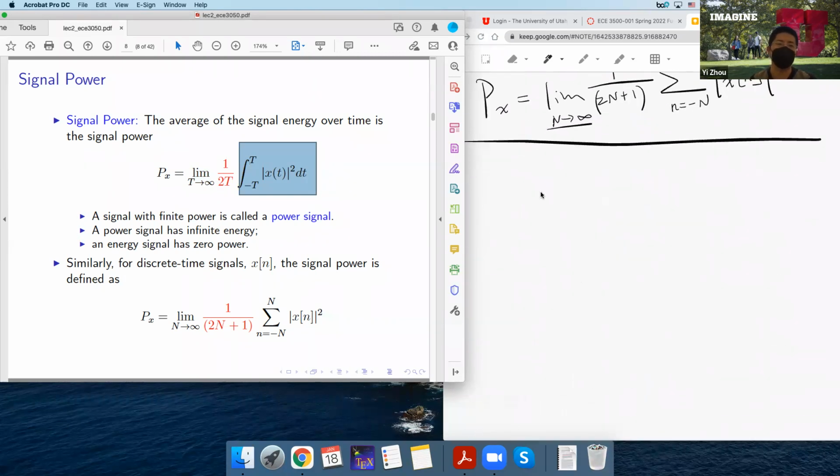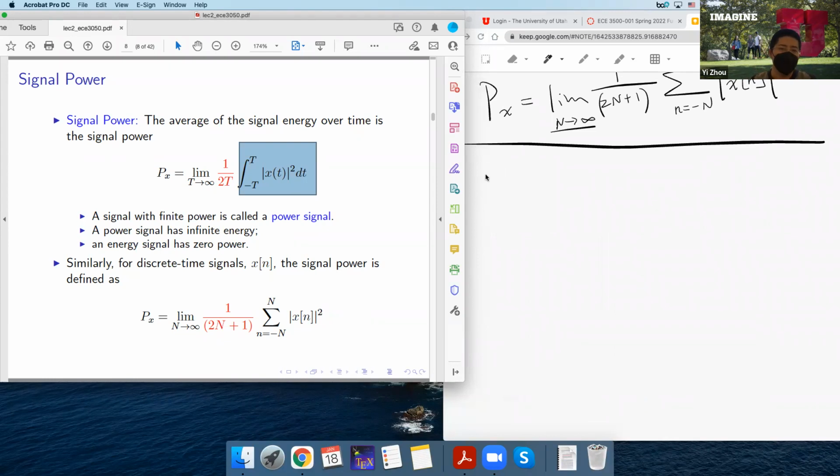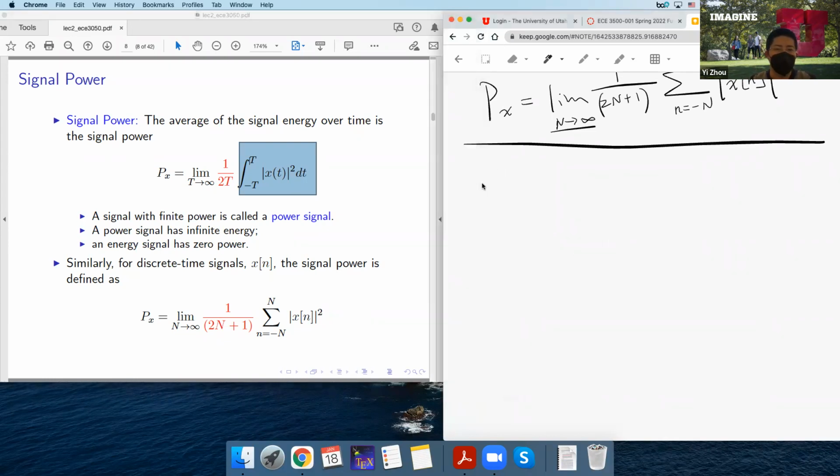Okay, let's try to be more rigorous. What this sentence says is that if Px is finite, meaning that this signal is a power signal, by definition, if the signal x power is finite, then Ex is infinity.